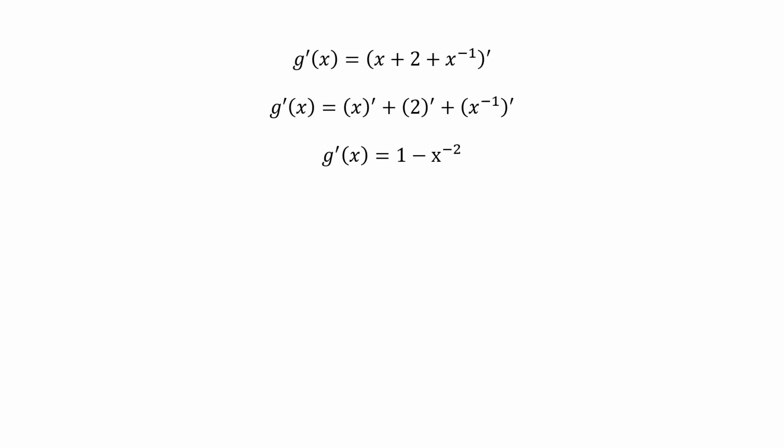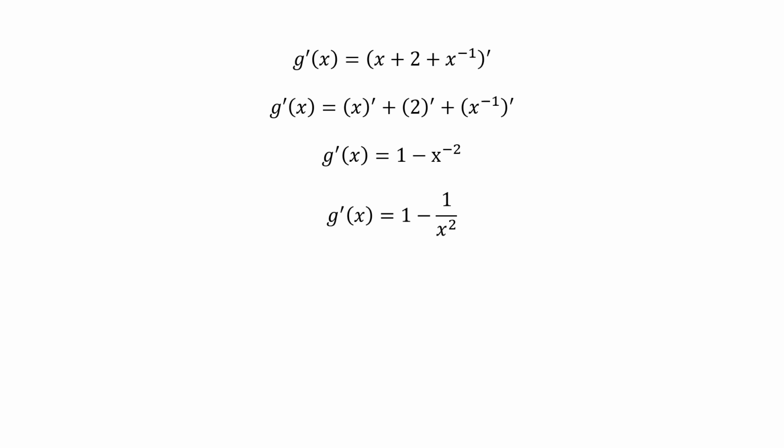Putting all of this together, our derivative is g prime of x equals 1 minus x to the negative 2. This is a valid answer, but it's nice to have the function in the form of our original function. To get it into a similar form to our original function, we begin by rewriting the negative exponent as a positive exponent, giving us g prime of x equals 1 minus 1 over x squared.